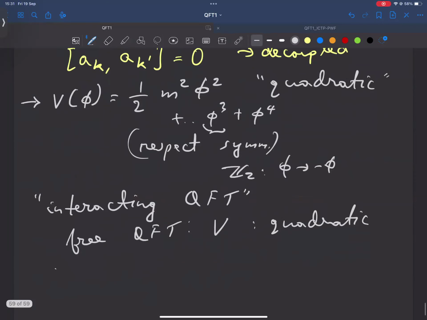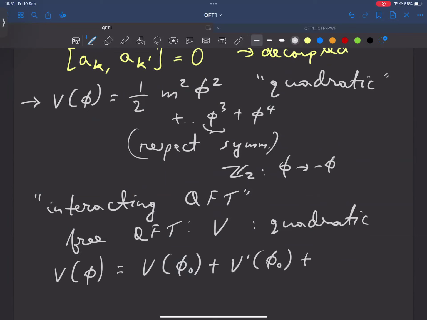Why? Because any potential that you write down, about its minimum, let's say phi naught is the minimum, the first non-trivial piece is actually quadratic.